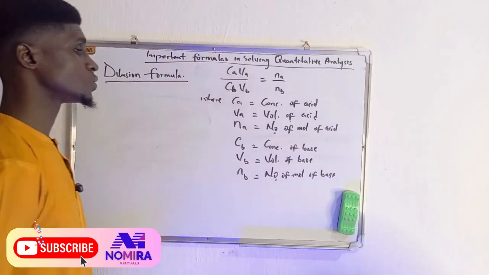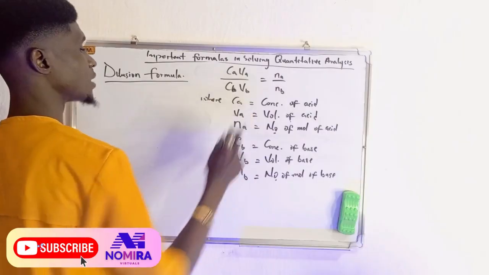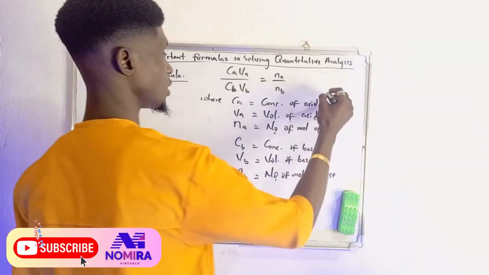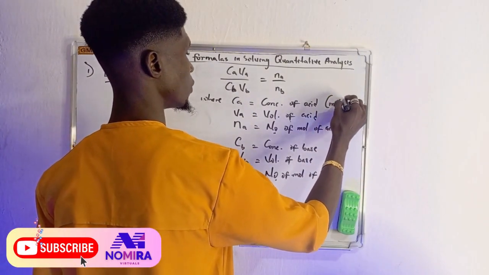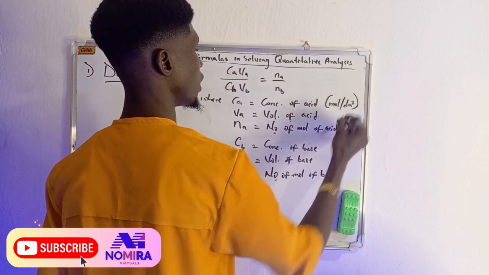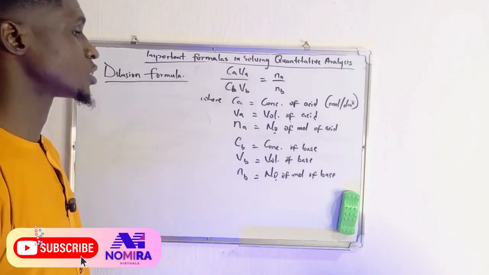It is very important to know that the concentration of acid is usually in mole per dm cube. However, this is not limited to concentration.